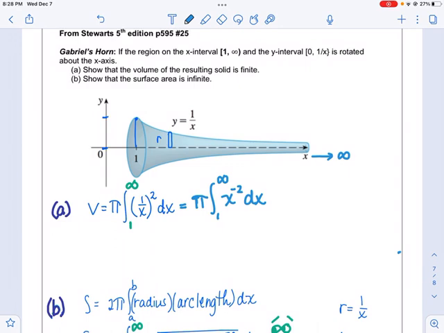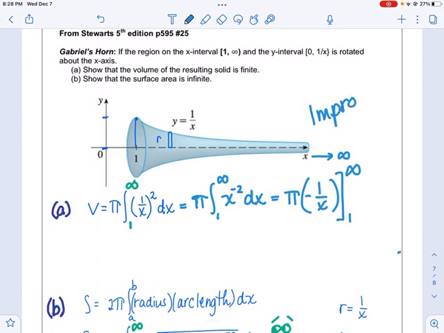So if I'm going to do the volume for this, I'm going to have pi times the integral of this, which gives -1/x. Oh, yeah, pi for that. And then I'm going to need to evaluate that from 1 to infinity. It's kind of a weird thing, right? So 1 to infinity, this is what we call improper.